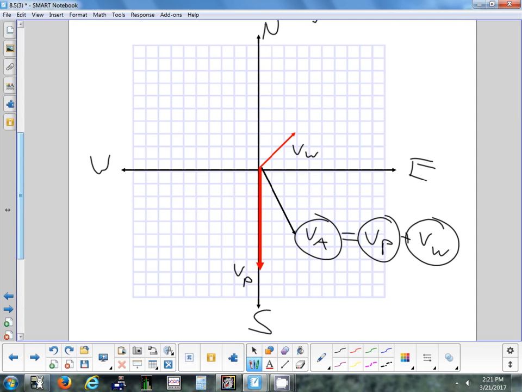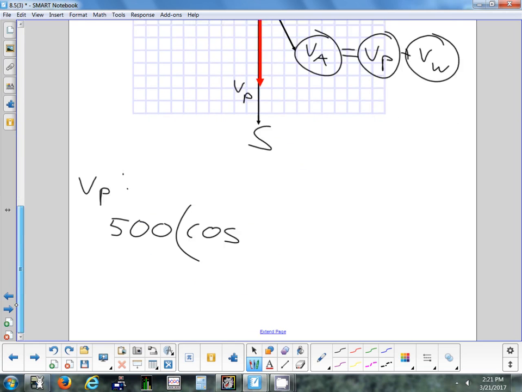Not the angle that would be on a compass, the angle the way we do it. If you go down, that's 270. Yep. And don't forget the i. Plus, what's the other trig function we use? Sine 270. And what letter do we put with that? j. Okay, do that out, and that's the velocity vector for the plane.